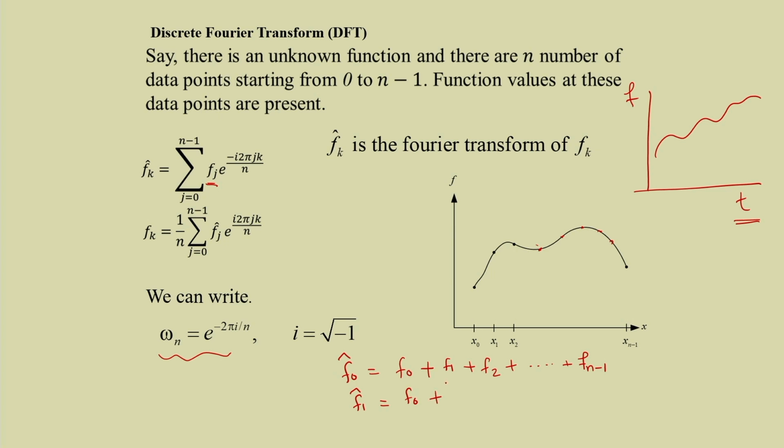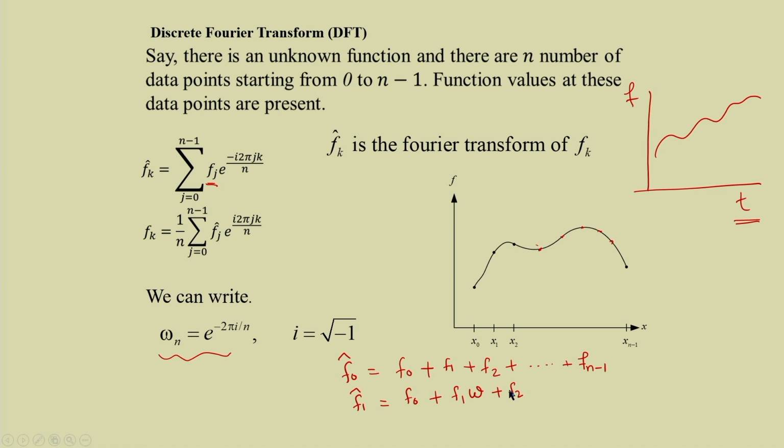Plus next term, j equal to 1, so this is f_1, and now it becomes e to the power minus i 2 pi, for j equal to 1 and k equal to 1, by n. So, this becomes omega, so f_1 omega.